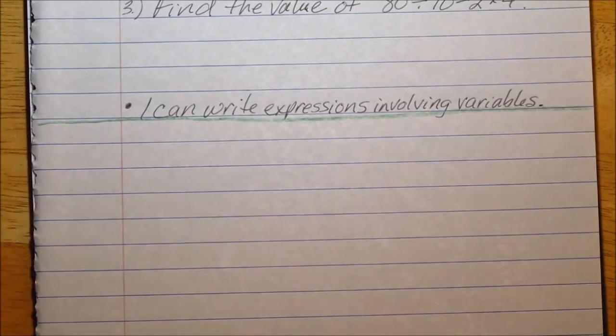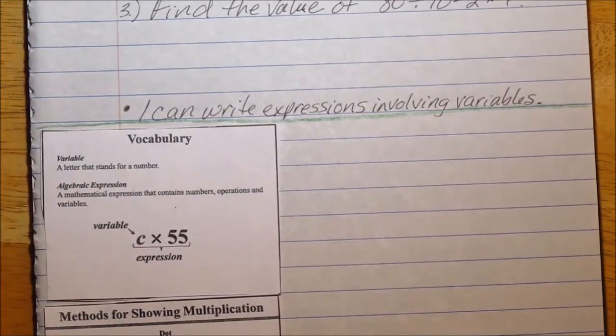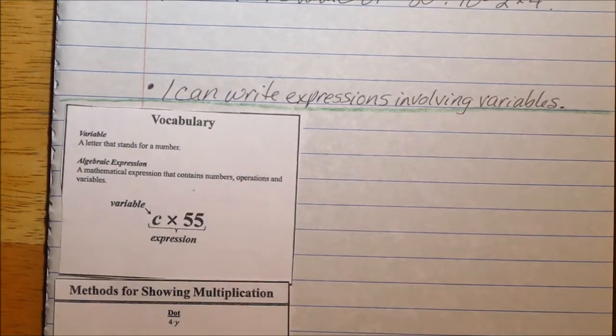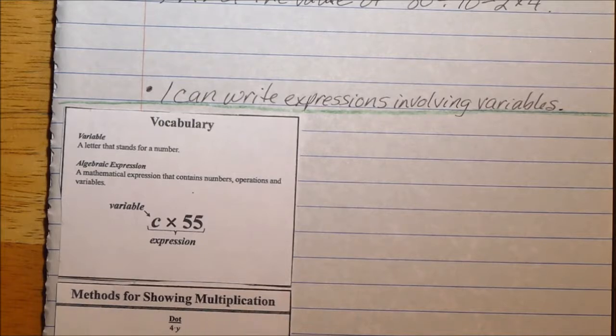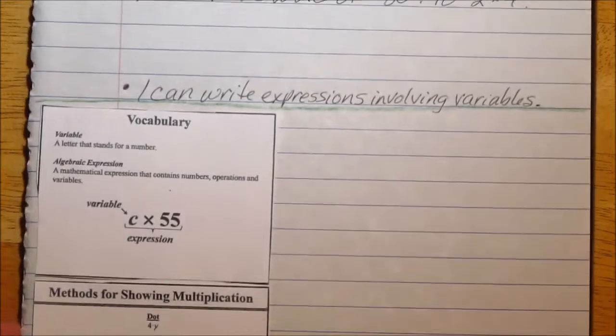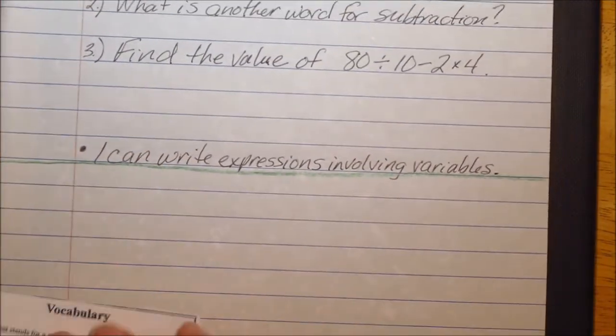Let's see, we have 2 note cards here, and they'll probably just barely fit. Just put them one on top of the other here. And the first one is vocabulary, and the second one is methods for showing multiplication. Now, if you've been in my class, we've already talked a lot about these different methods for showing multiplication. But this is the actual lesson where it's introduced, and we'll go over that again. So first I'm going to glue in this vocab one here.